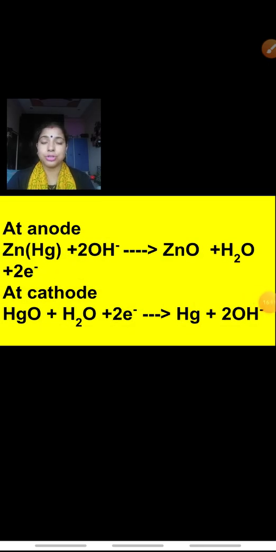Now you have to learn by heart the reactions taking place at anode and cathode of dry cell and mercury cell. These are the reactions of discharge and they cannot be charged. Recharge cannot take place in case of dry cell and mercury cell. Only discharging of the two takes place.